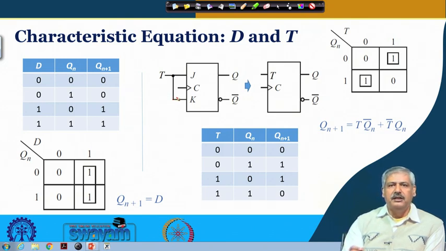Remember, between SR and D we had an inverter; from SR to D we put S as D and R was D inverted, so there was a NOT gate. Here there is no such NOT gate, it is directly connected. So, it becomes a single input flip-flop.